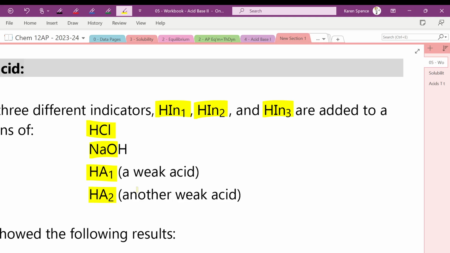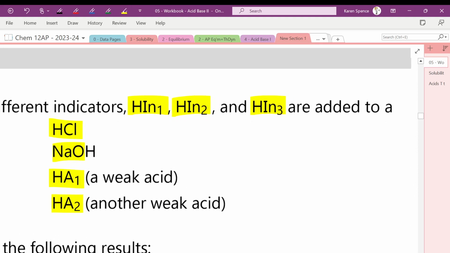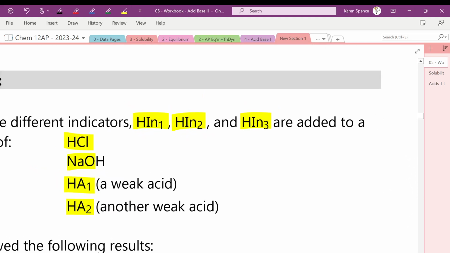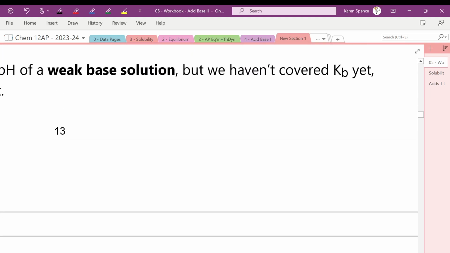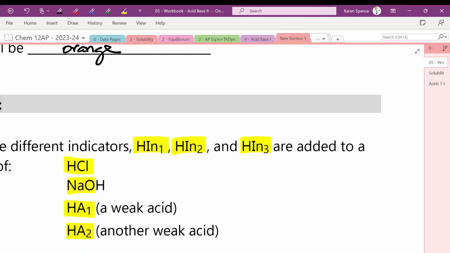So how many weak acids are we dealing with? You have this in your book. It's page 14. How many weak acids are we dealing with? 5.